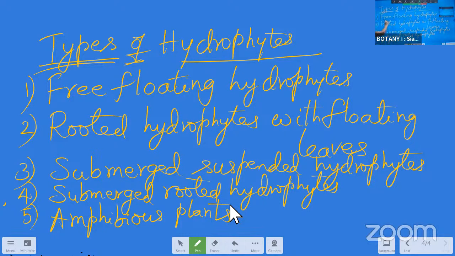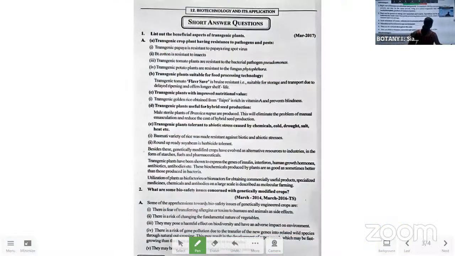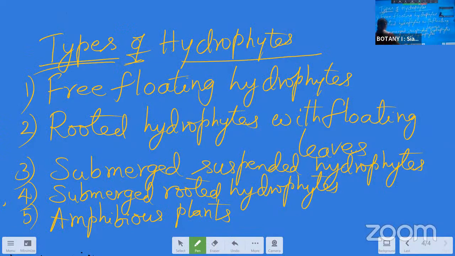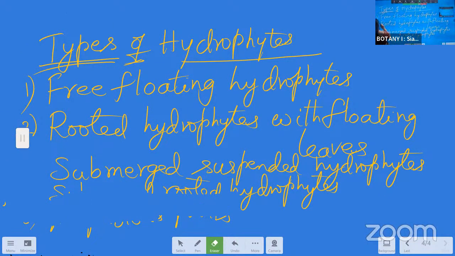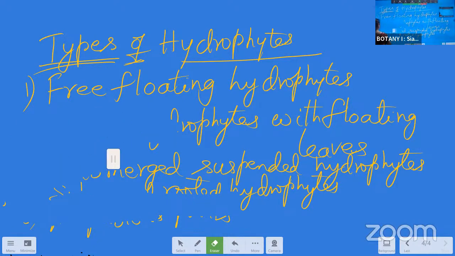So the first one is the free-floating hydrophytes, which occur on the surface of the water.